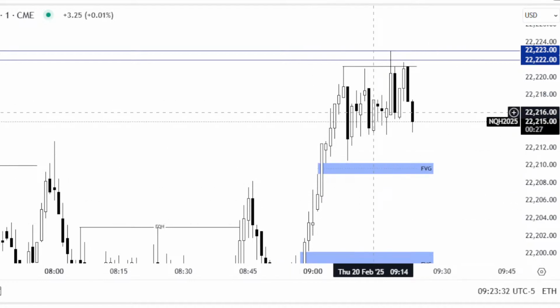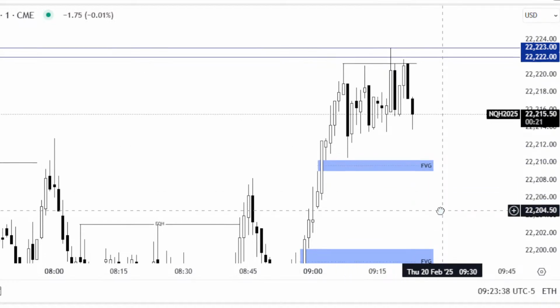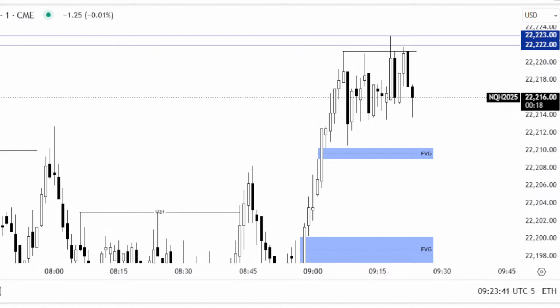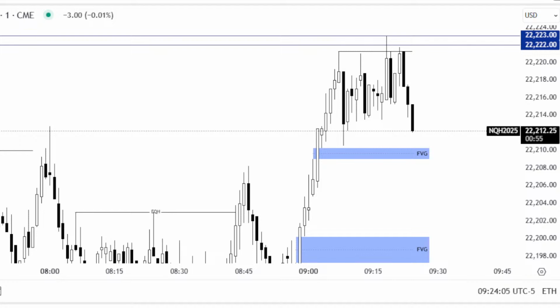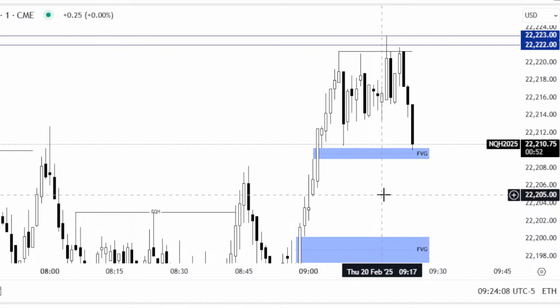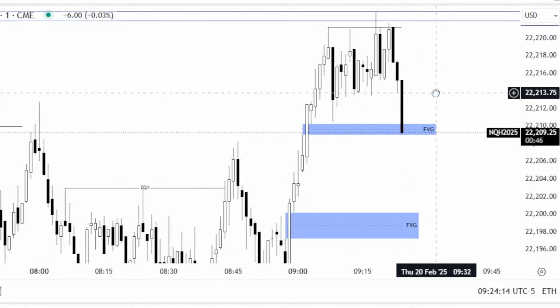This is obviously not an A+ setup because it's like a million candles here trying to get down here. Maybe we just see acceleration down.